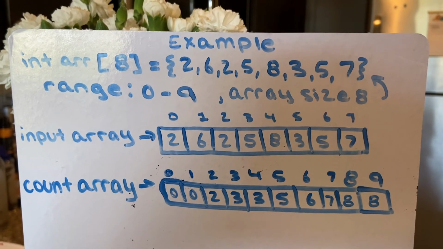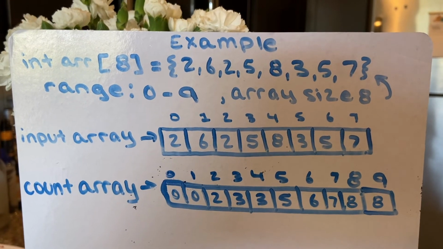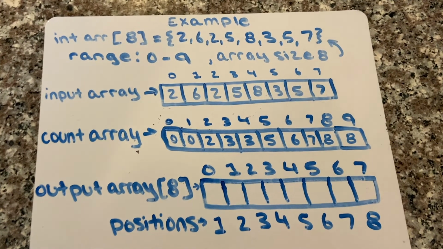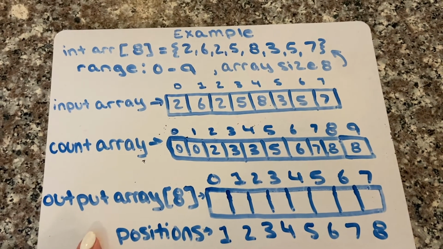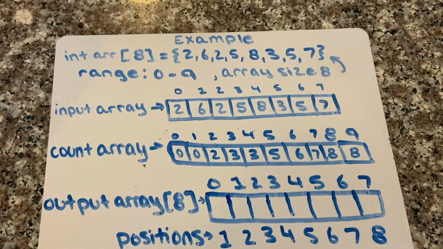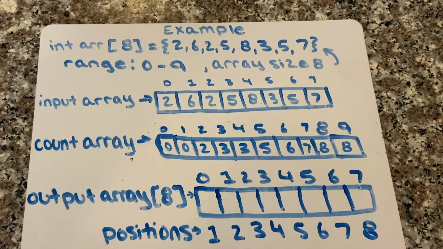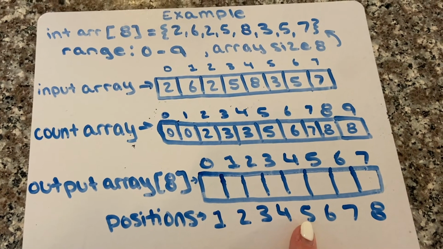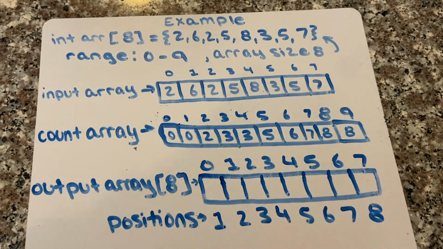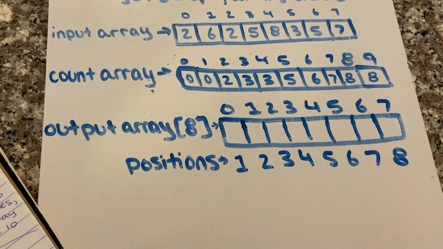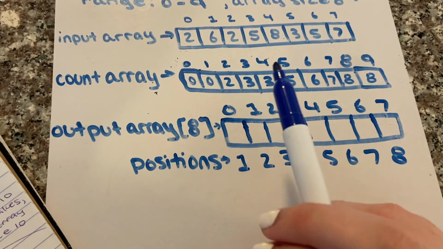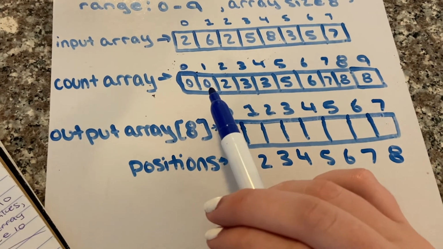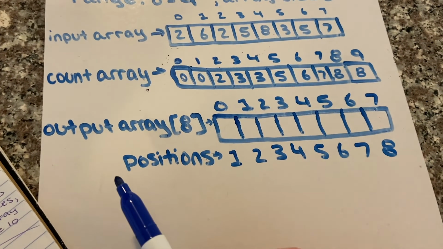These new values in the count array will serve as positions in the output array. So now we construct an output array that has the same size as our input array, which will be 8. And then just to make it easier, we label all the positions because that's what we will be taking from the count array. So we go to the count array, and 0 and 1 have values of 0, meaning that they will not make it to the output array.